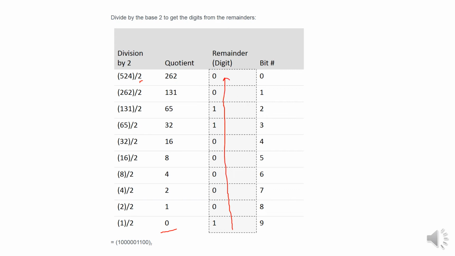So each time we are dividing, so 262, then we are dividing by 2 again, 262 we are dividing by 2 again, then 131 we are dividing by 2, and we keep on doing till we reach 0, and then we write in this direction.